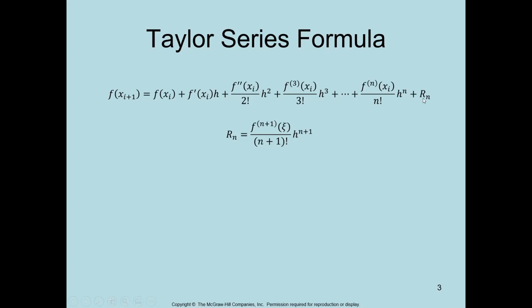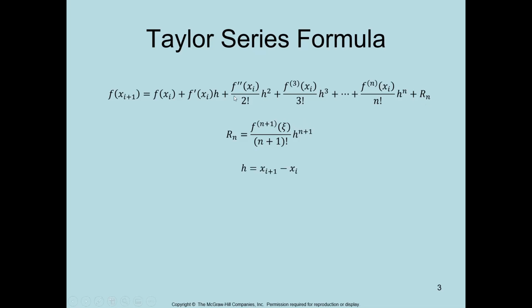Psi is an average value of the function over a period from n to n plus 1, so that the total area under that curve from n to n plus 1 is equal to psi times the interval of that function. This is the definition of psi.